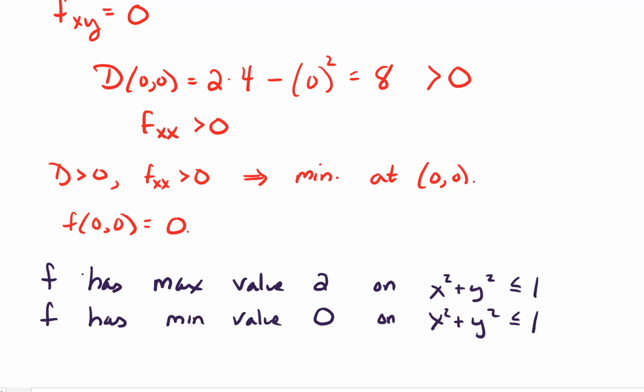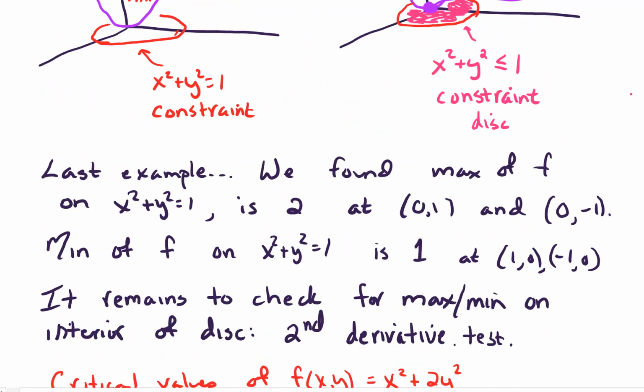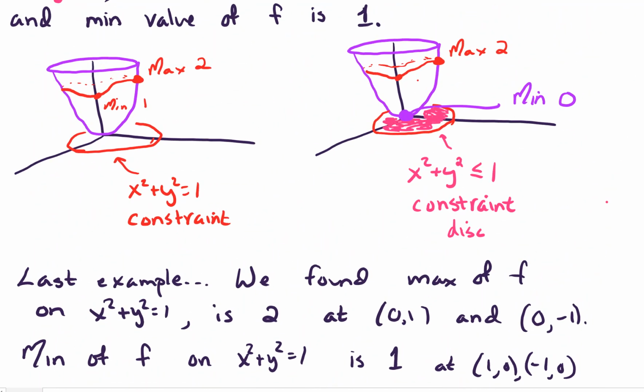So that min value of 0 was the winner in terms of minimum values. Right before, we found a min value of 1, but that was on the boundary when we plugged in the boundary of that circle. And now we're also looking at all points interior to that circle, so on that disk, and we found an even lower point, so that's our winner for the minimum.